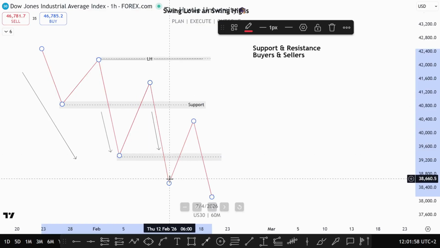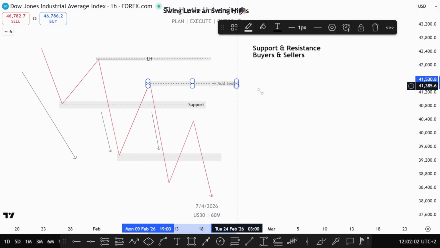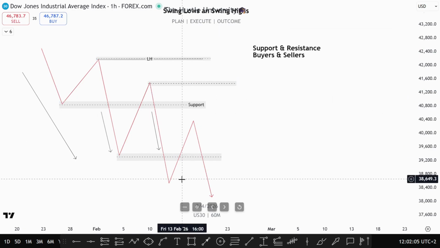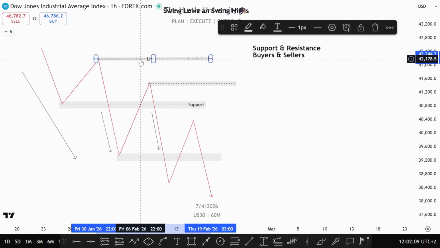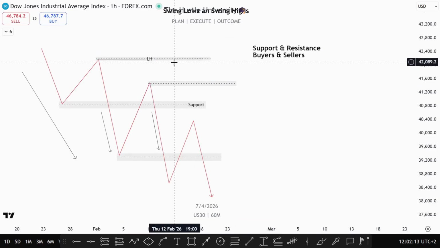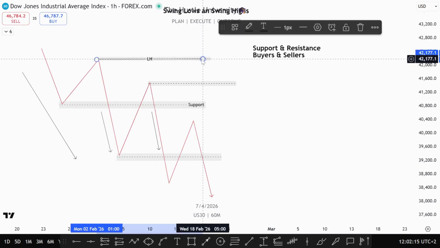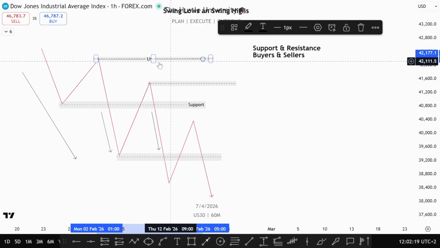So price will go to the downside, which also creates a level of resistance at this area. You get what I'm saying? So this would be our new lower high, at this area, right?